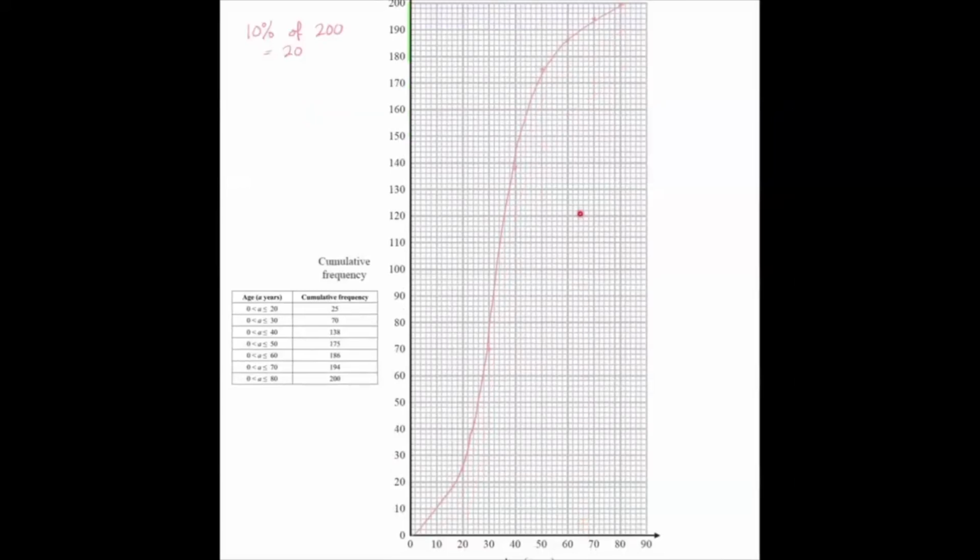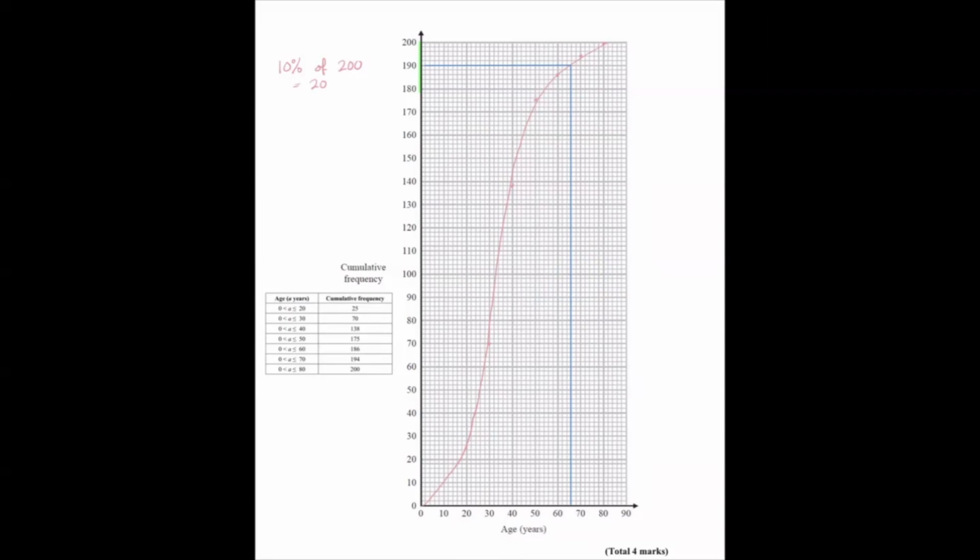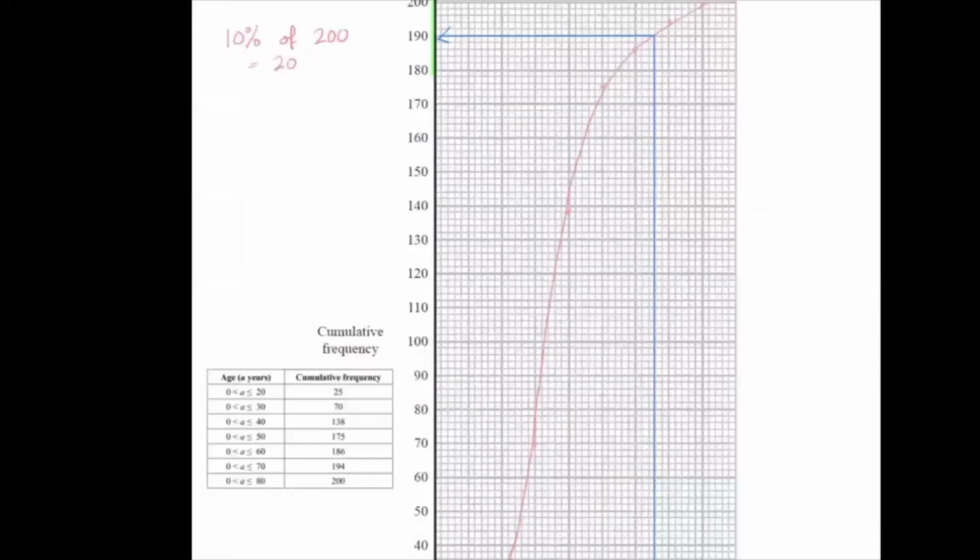We're going to go straight up, hit the graph, and then we're going to come across. Once we've got that marked on the graph, we can see that the graph is telling us it's starting at 190, not 180. So the graph is just showing us 5%, and that's what we would write down.